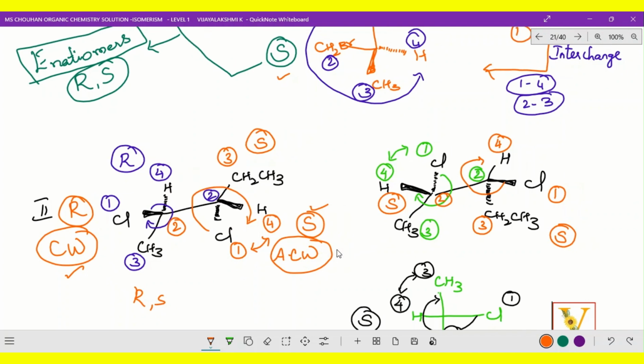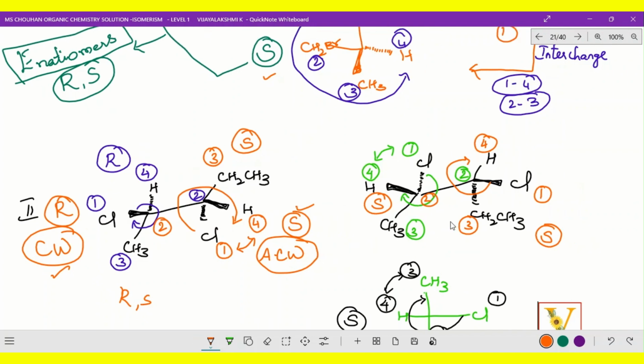In the same way, in the second pair, the second compound, at the first carbon and second carbon, chlorine is in the dash and hydrogen is in the wedge with CH3. In the same way, on the other side hydrogen is on top in the wedge position, chlorine in the dash position, and CH2CH3, totally different.